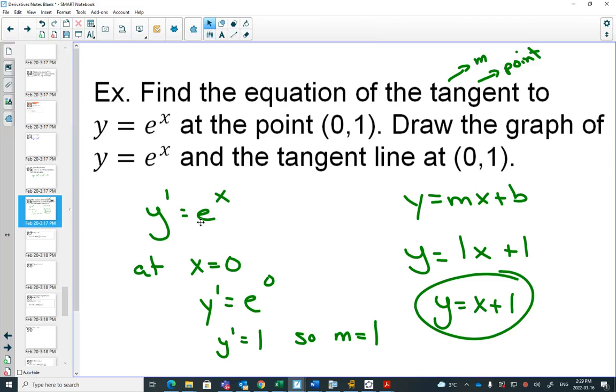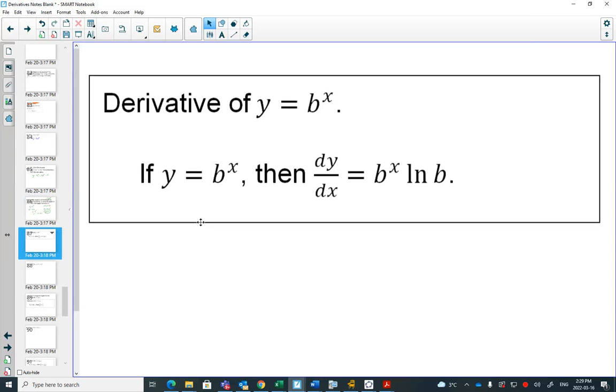Next formula, let's say you have something other than e. Then the derivative was close, but not quite the same. So if y equals b to the x, then the derivative will be b to the x, so it stays mostly the same, but then you have to multiply by the natural log of b.